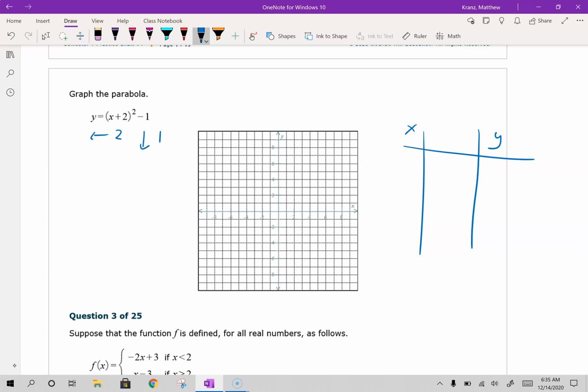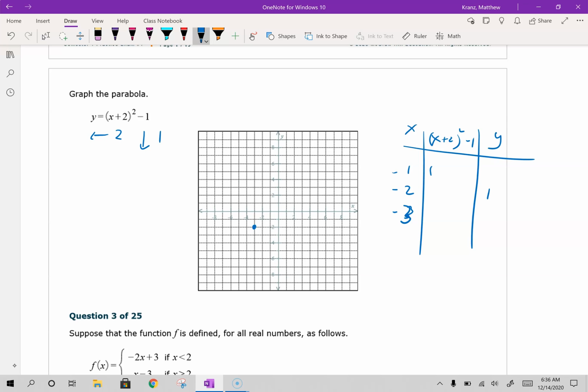So if I go -2, 1, 2 to the left, down 1, that is my vertex. So now I know that my vertex is at -2, -1. So I can go ahead and just go -1 and -3, one above, one below, put it into my equation, and that'll give me 2 other points.